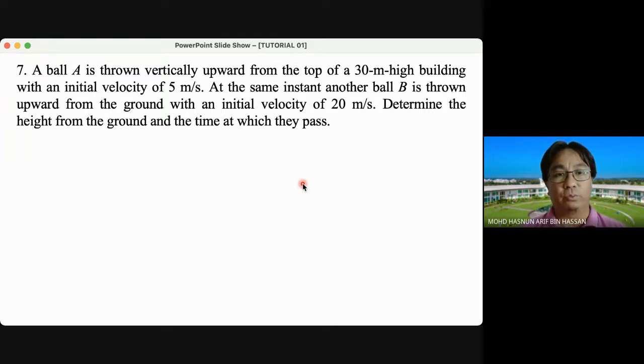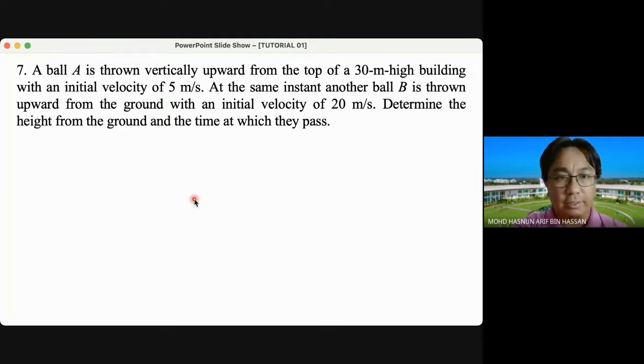That is what we want to find out. What is the height from the ground at which both balls will pass? Can you understand? Does everyone understand the question? Yes, sir. Okay, any who don't understand the question? Okay, I assume that you have understood the question.